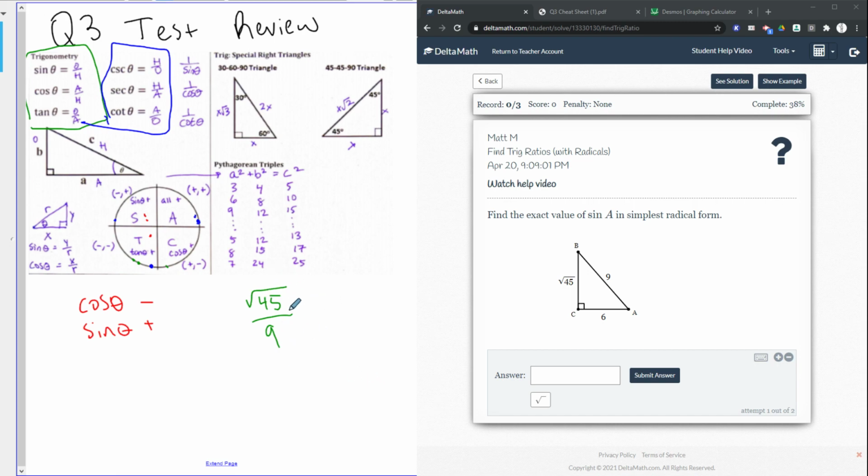So we need to simplify the square root of 45. Root 45 is what, the square root of 9 times 5? Or 3 root 5. Cool. So I have 3 root 5 over 9. Simplifies to root 5 over 3.